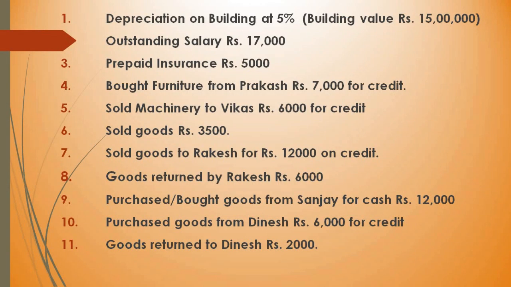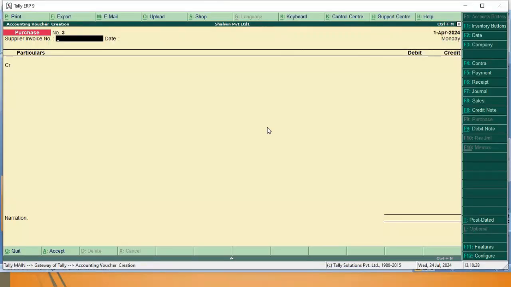Goods returned to Dinesh, rupees 2,000. So one account is Dinesh, the other account is purchase returns, and this has to be entered in debit note voucher. So goods returned, we have already purchased and it is being returned to Dinesh. It has to be entered in debit note voucher.